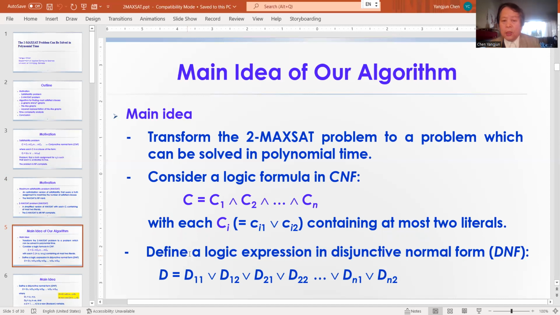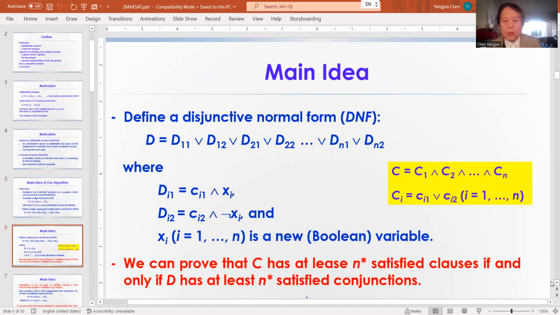Then we define another logical formula, but in the disjunctive normal form like this, where each di1 is equal to Ci1 and Xi, and di2 is equal to Ci2 and minus Xi. Each Xi is a newly introduced variable.